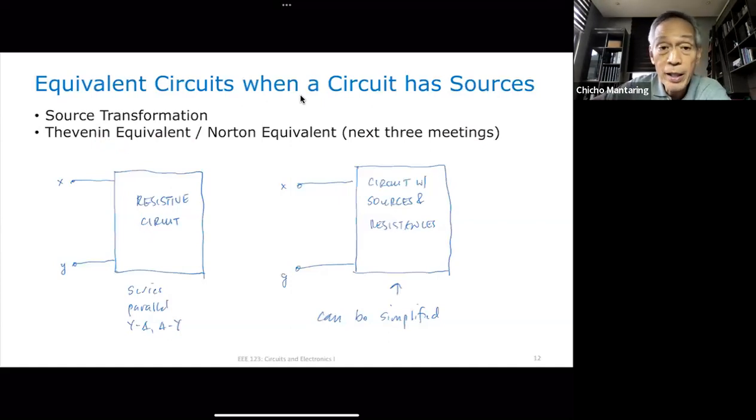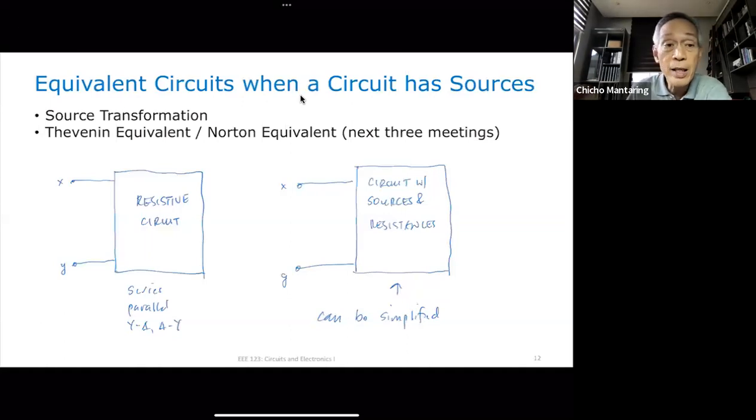And then correspondingly, there's an equivalent circuit, which we're going to call Norton equivalent. And we're probably going to spend a bit of time on Thevenin and Norton equivalent because there are certain complications that are involved in getting them that you should be very familiar with. So yun ang gagawin natin for the next 3 meetings, no? But I'll introduce it now.